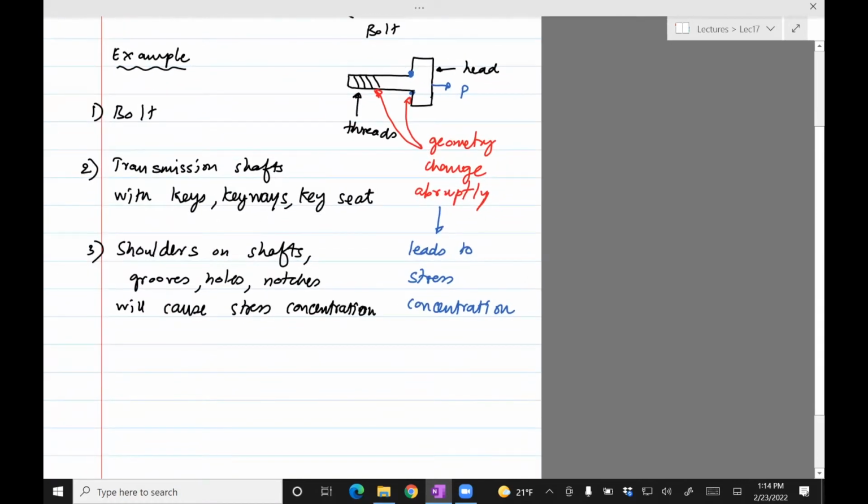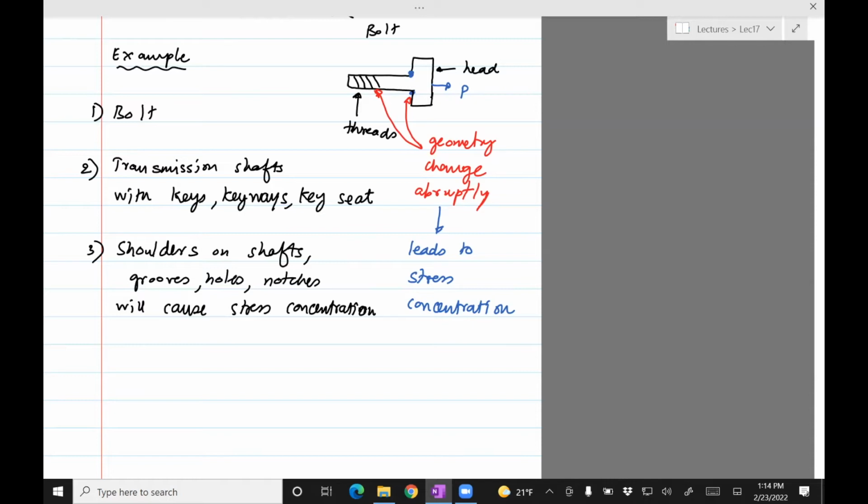So you do this for a purpose, right? You have keyways, key seat because you want to mate shafts, but it introduces stresses, and those stresses can cause premature failure. On the one side, you need them because that's how you'll mate two parts. But on the other hand, it leads to stress concentration.